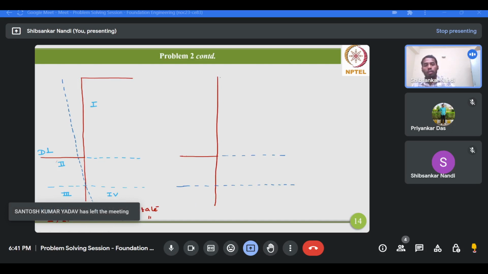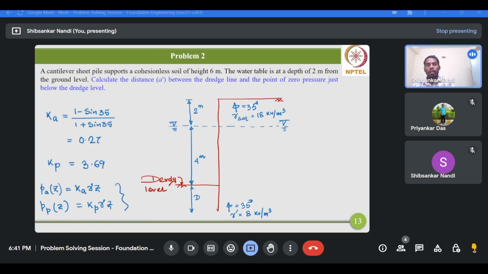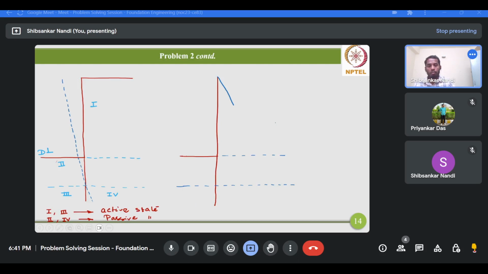Therefore, this active earth pressure will start from a value of 0 and go up to a value of gamma sat multiplied by the depth up to the water level. Below the water table there will be a separate variation.